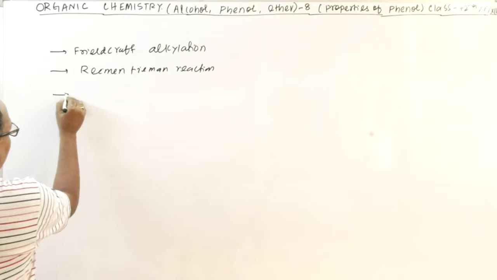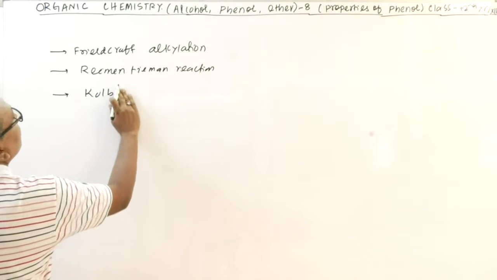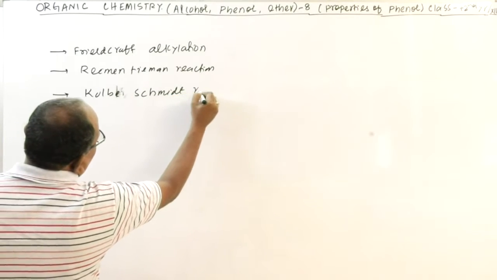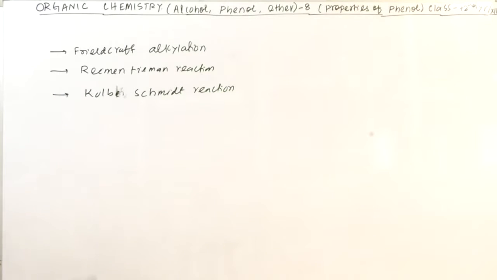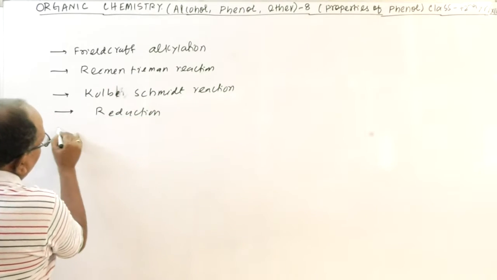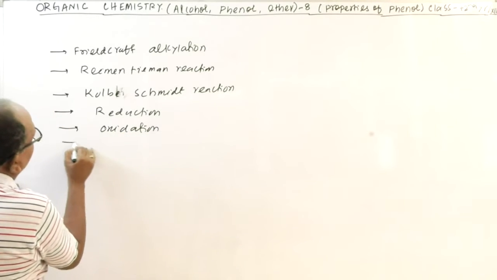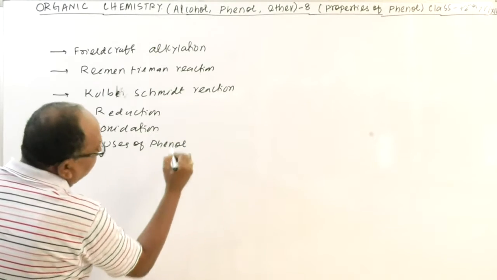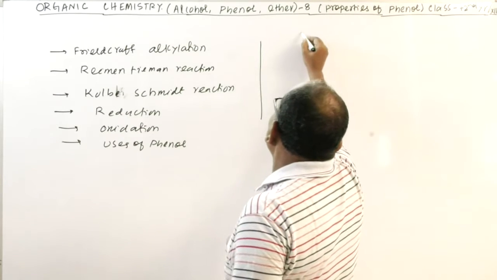We will discuss the Kolbe-Schmitt reaction. We will also discuss reduction. Also we will discuss oxidation and some uses of phenol. Besides this, we will start ether.